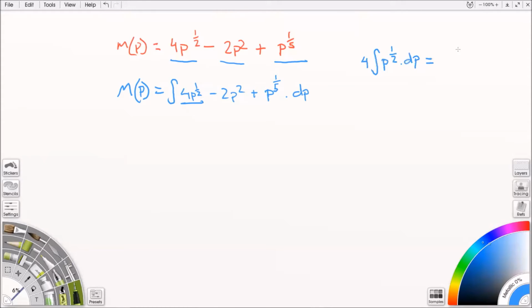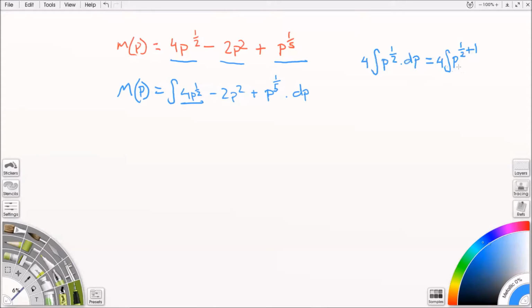So that will now equal, I need to think for a second. I think we can do this. Let me know in the comments if this would be wrong, but I'm going to write it like this: p to the 1/2 plus 1. This part definitely is right.